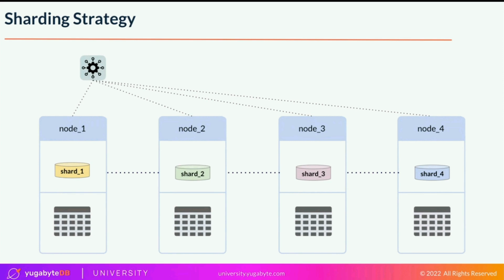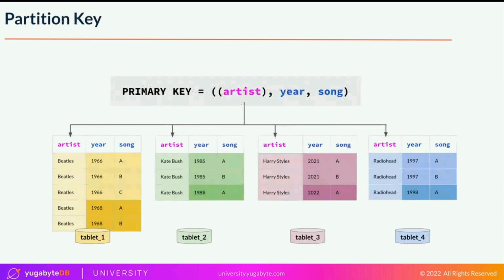So in the next slide, we're going to give you the distinction. In YCQL, shards are organized based on the values of the partition key. So in this example, the artist attribute is defined as the partition key. Here, instead of shards, as you can see, YugabyteDB actually uses the term tablets.